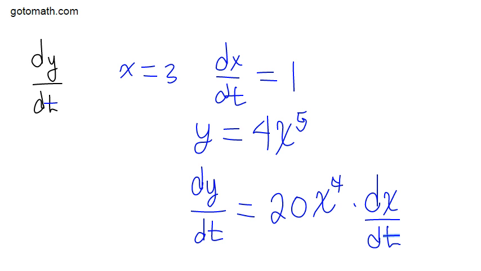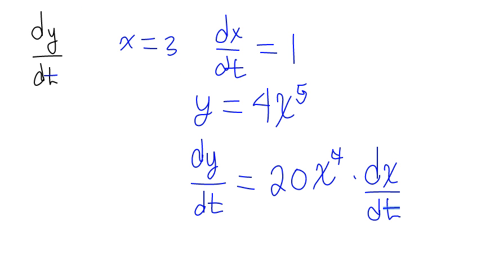Now what we're going to want to do is plug in 3 for x and then 1 for dx over dt. So I'm going to go ahead and do that right here.